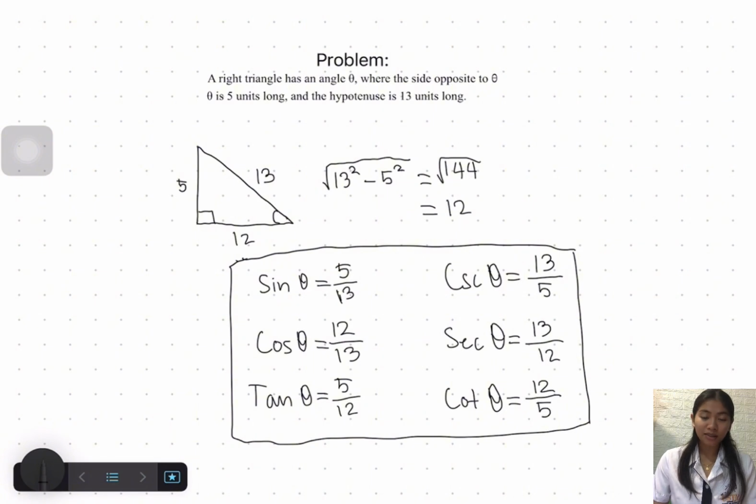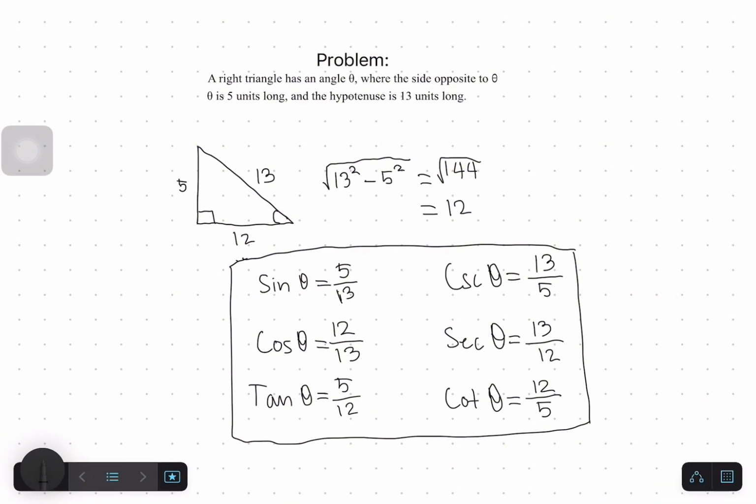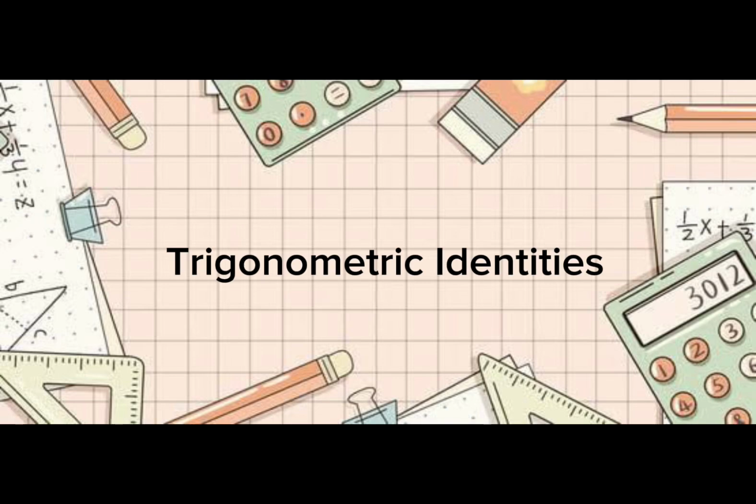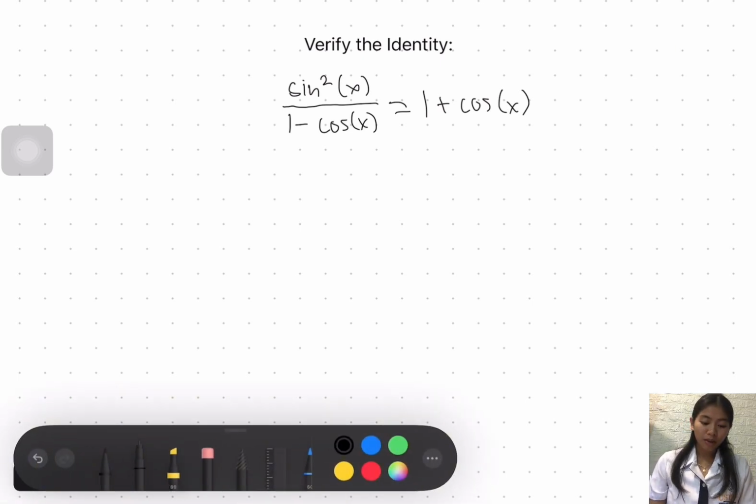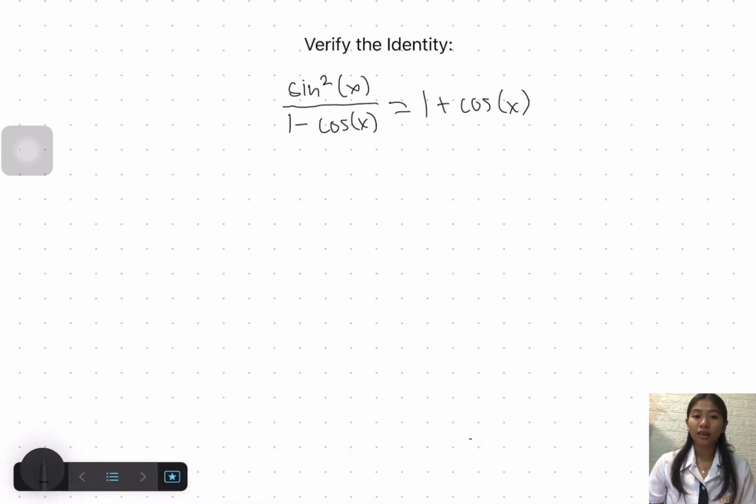Pretty easy, right? So next, let's proceed to the next topic. Next is trigonometric identities. So we have here another problem, and we need to verify the identity. It's sine squared x over 1 minus cosine x is equal to 1 plus cosine x.